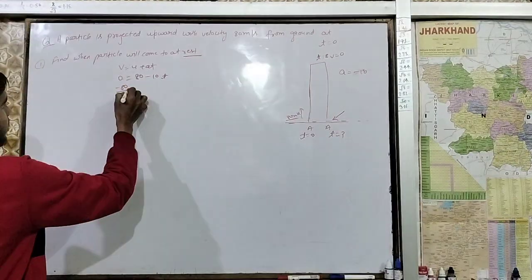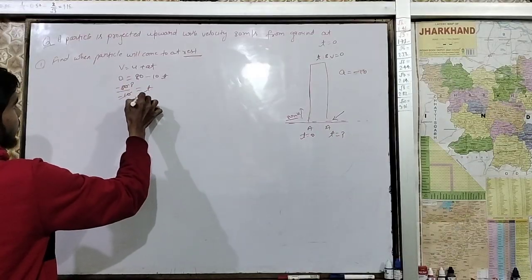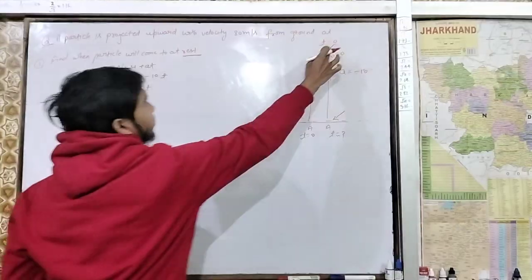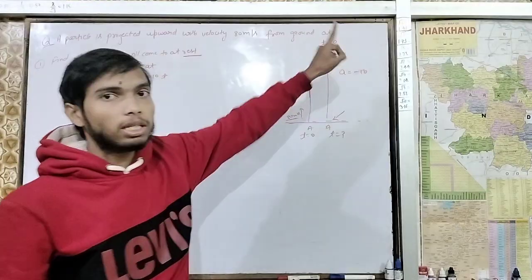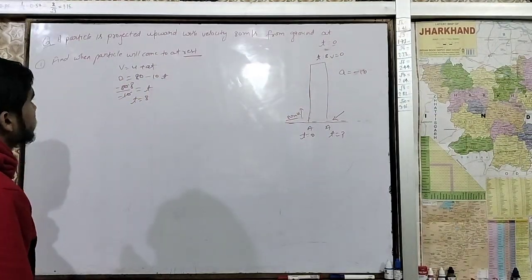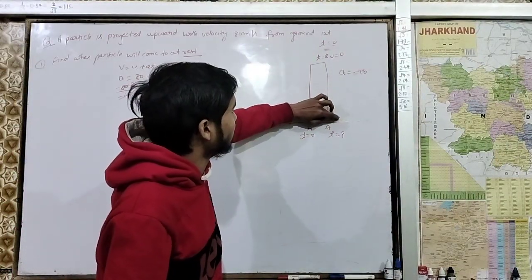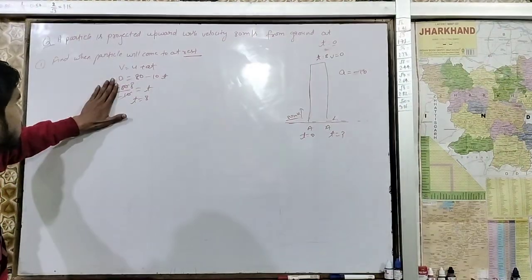So minus 80 upon minus 10 is equal to t, that is 8. t is equal to 8. As you can see, we wrote t is equal to 8. At 8 seconds, the velocity will become 0. This was another method.